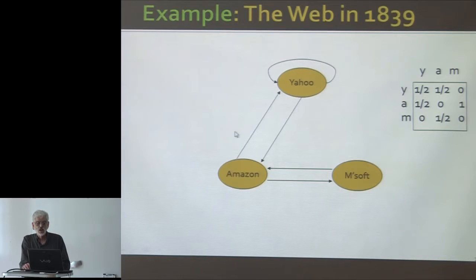Again, Amazon splits between Yahoo and Microsoft. Microsoft points only to Amazon, so you get a 1 in the column for Microsoft and the row for Amazon. So that's the web we're going to use as our example.